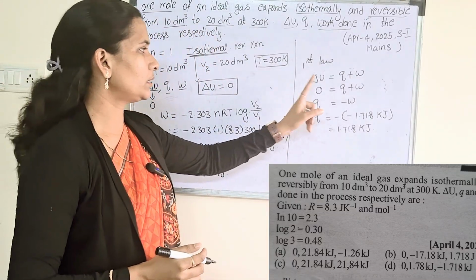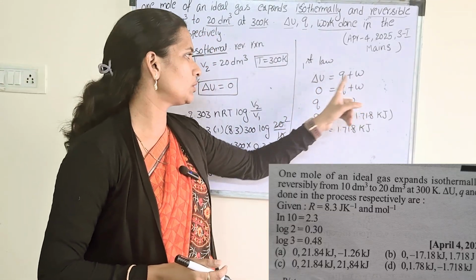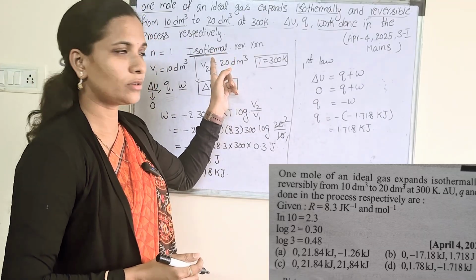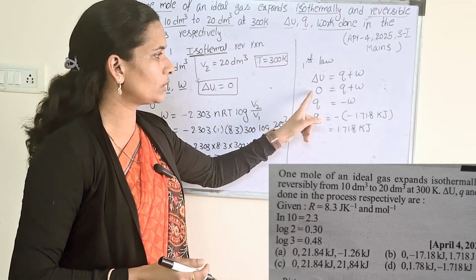According to the first law, delta U equal to Q plus W. This is an isothermal process, so delta U equal to 0.